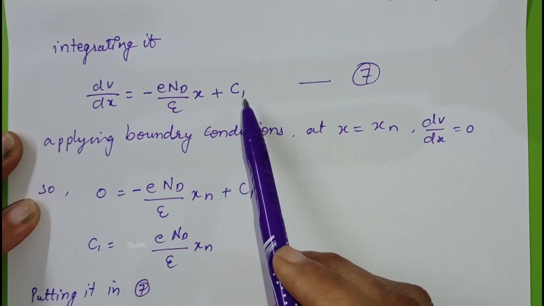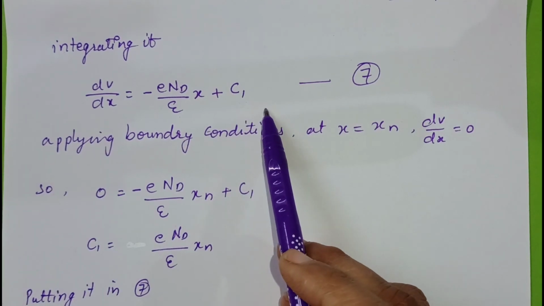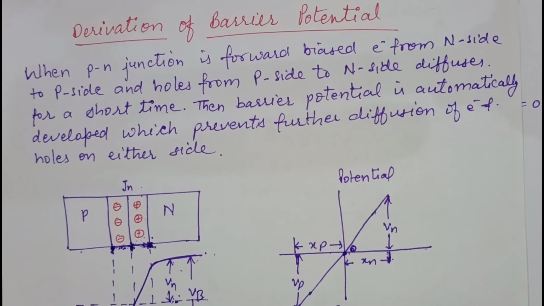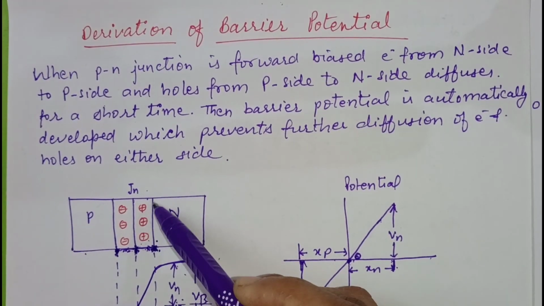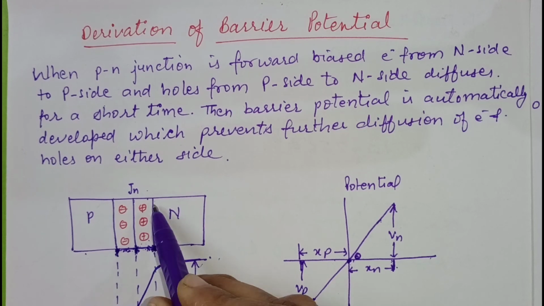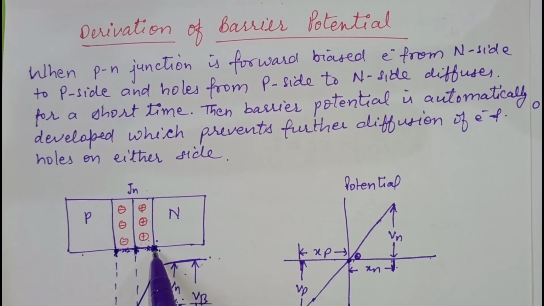Now again to find this C1, we will apply boundary conditions. The boundary in N region is this one. So the potential here is constant, so the derivative of this potential will be equal to 0. And the width of the depletion region in N region is equal to xn.